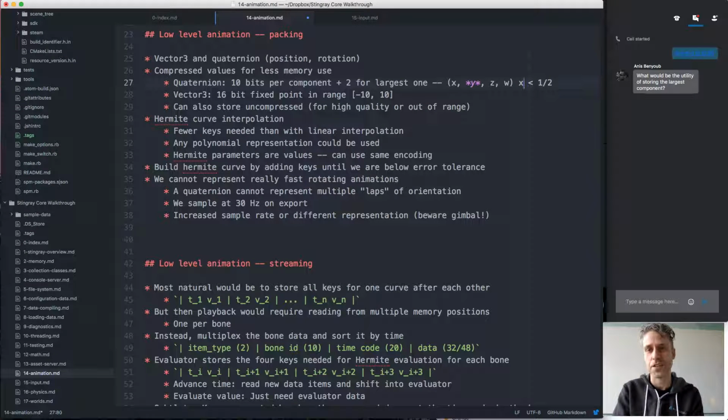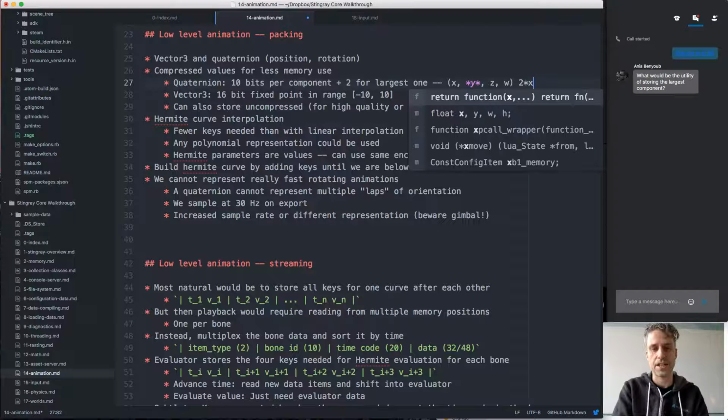But anyway, it gives us a smaller range, because previously we only knew that X was in the range between -1 and 1. So we would use the 10 bits to store a fixed point value in this range. But now we have a smaller range for X. It has to be... Oh no! I see now what I did wrong. The maximum value for X is if Z and W are 0, so if X and Y have the same value.